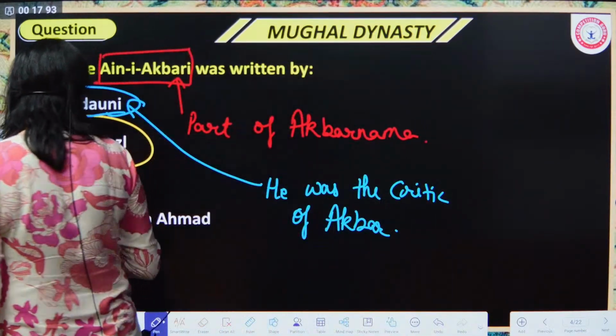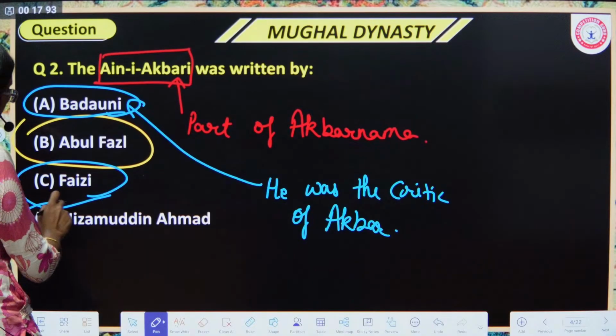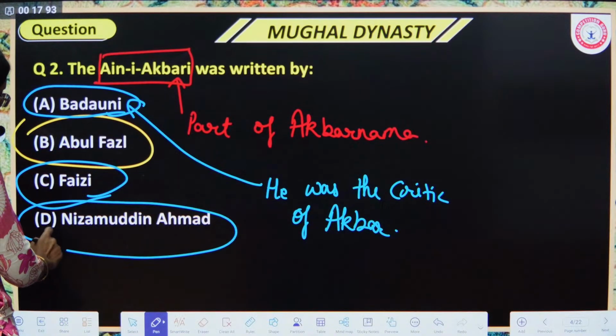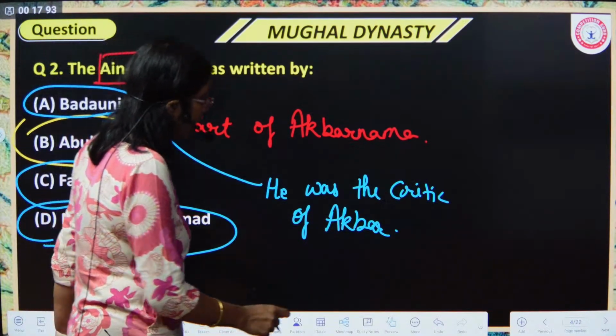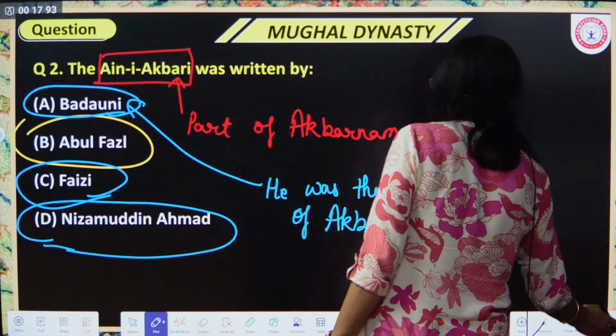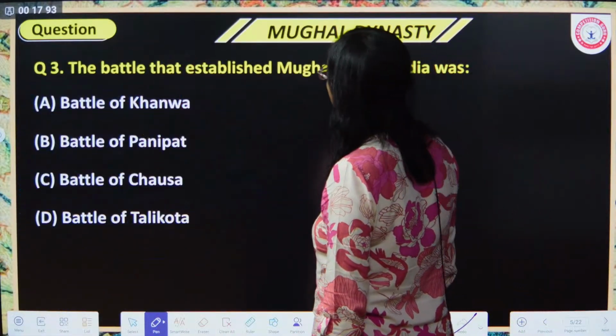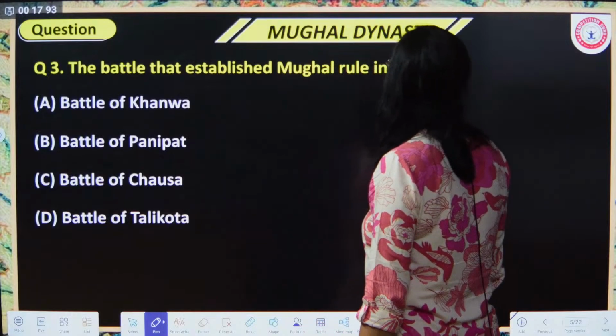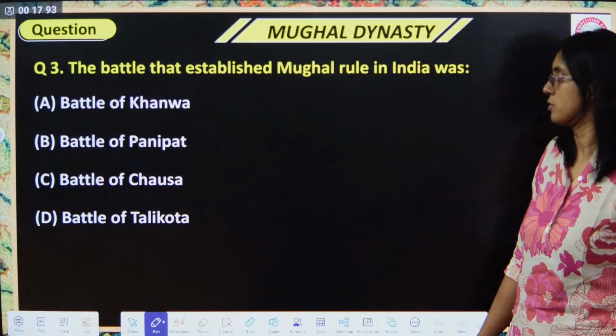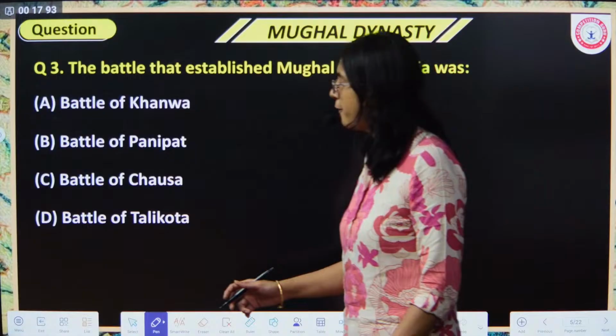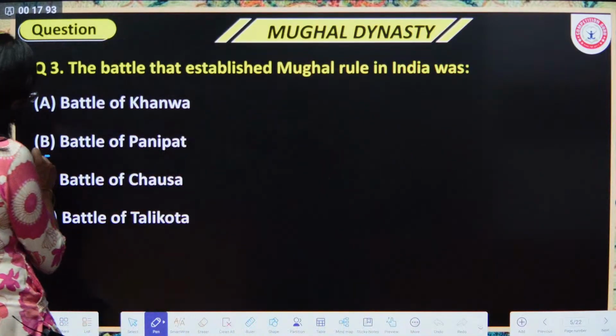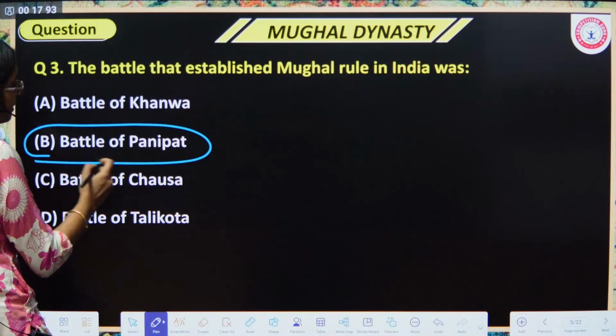Faizi was the poet and Nizamuddin Ahmad was also a writer. Again, the next question: the battle that established Mughal rule in India was. So everybody knows the correct answer is Battle of Panipat.